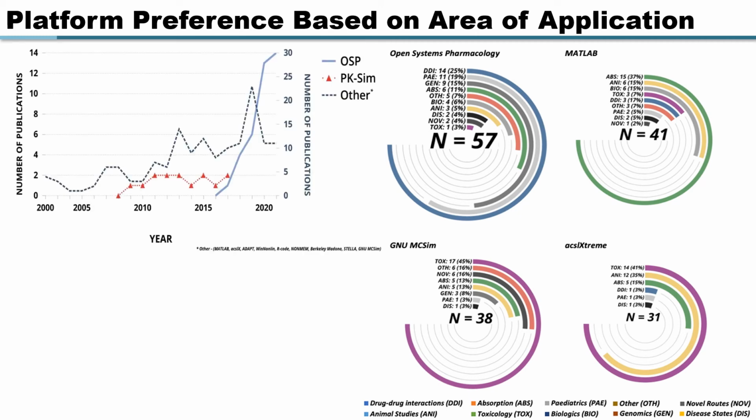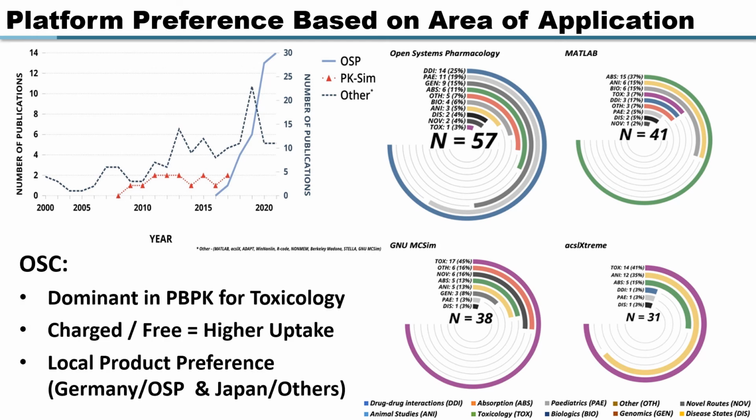Moreover, the impact of turning from charge to free was investigated for one of these platforms against the overall trend in general use of PBPK, and it was indicating that possibly making this platform free has had some impact on its higher usage.